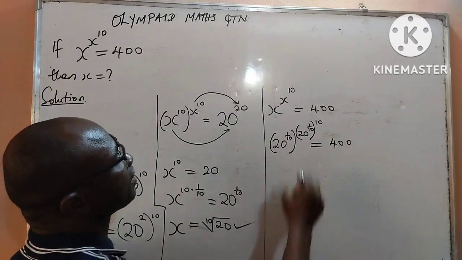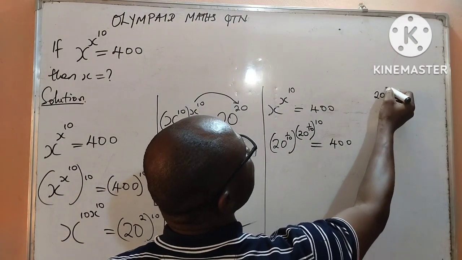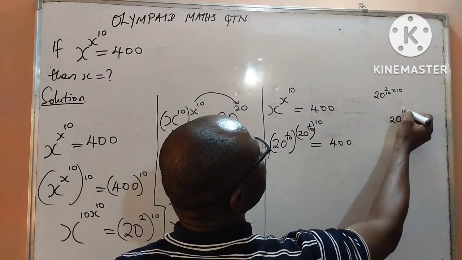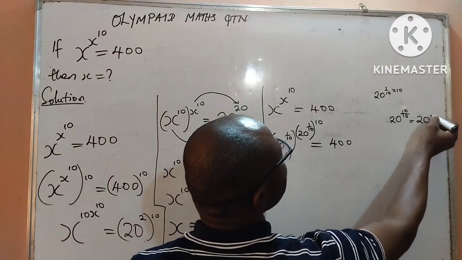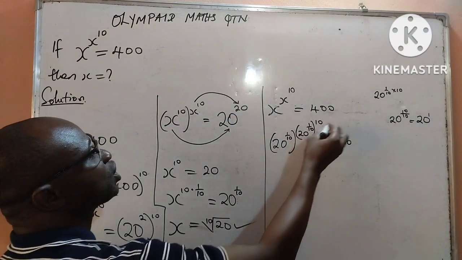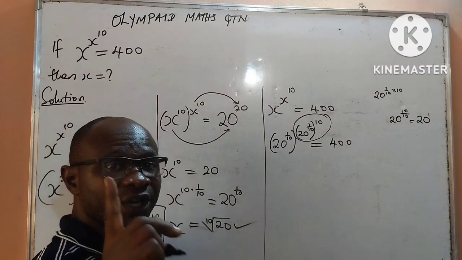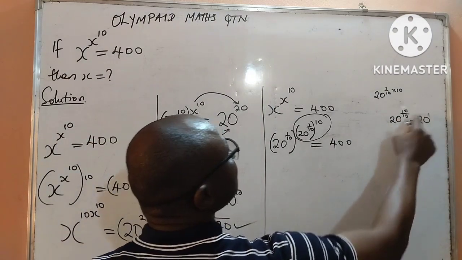Then, from the power side, 20 to the power 1 over 10 multiplied by 10 is the same as 20 raised to the power 10 over 10, which is the same as 20 raised to power 1. So, solving the whole of this is simply going to give me 1. That is, 10 over 10 is 1.